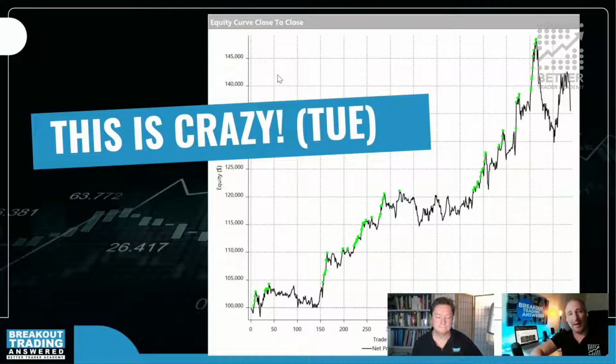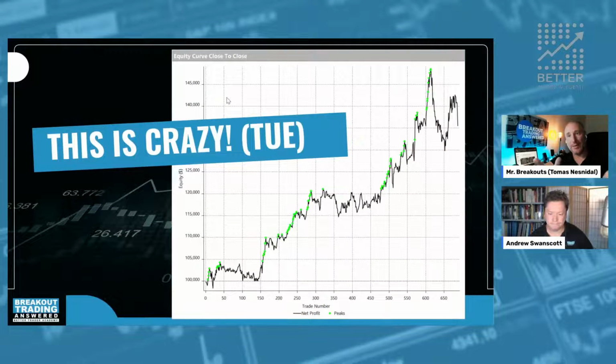And by the way, this is a great proof. So this is again the same market, even Russell 2000, traded only on the long side, only on Tuesday since 2007. Okay, so this includes the crisis of 2008, and I think this is really, really crazy, because if you think about it, a lot of people and traders and investors, especially investors, are trying to beat the E-mini S&P market or the index market.